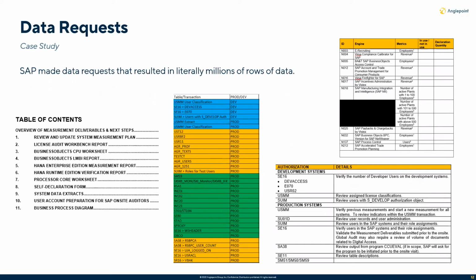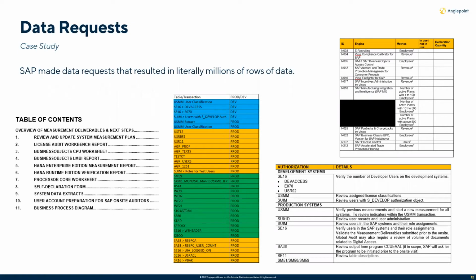AGR 1251, AGR users, AGR texts. I mean, these files are enormous, and they wanted it for every single production system. And again, talking about this particular client, they had a very complex, very large organization with systems all over the world. So collecting all of that and putting it all together and sending it to SAP was quite challenging.